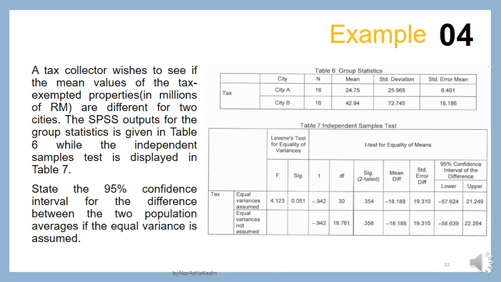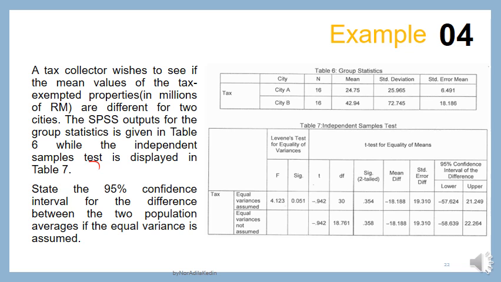Next example. A tax collector wishes to see if the mean values of the tax-exempted properties in millions of RM are different for two cities. The SPSS output for the group statistics is given in Table 6, while the independent sample test is displayed in Table 7.